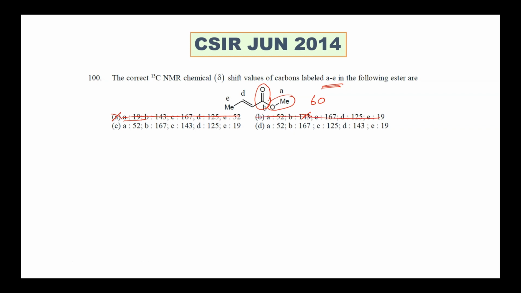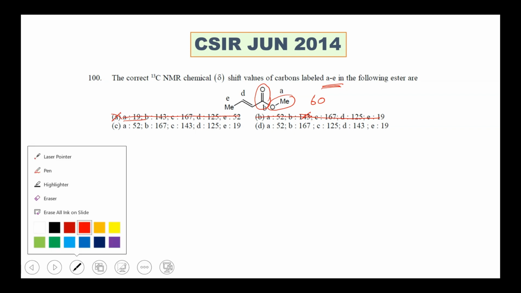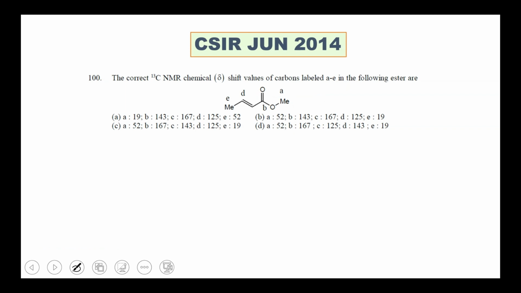Now you have option C and D. Now you can see here you have an electron withdrawing group. So this will withdraw the electron, so the D carbon will have a positive charge. So it should be de-shielded. So I have C carbon and D carbon.